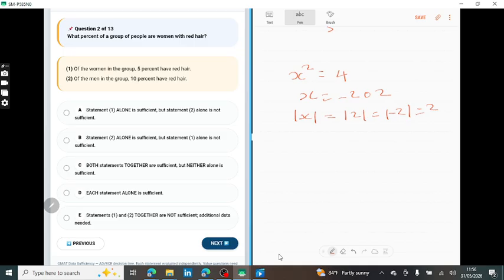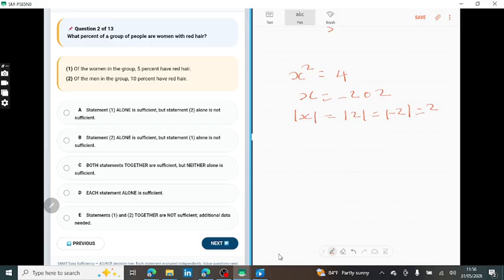What percent of a group of people are women with red hair? Of the women in the group, 5% have red hair. But we don't know the percentage of the group that are women. What we know is only red hair. Statement 1 is not sufficient. Of the men in the group, 10% have red hair.